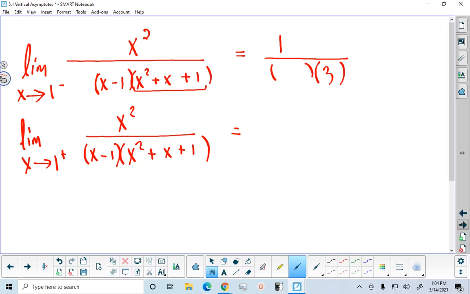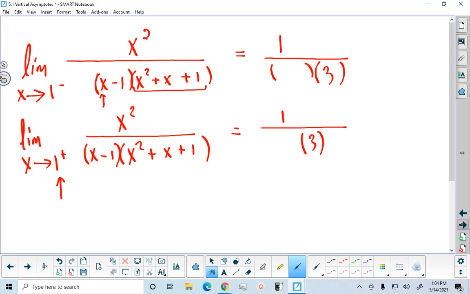When I do the same thing for the other one, when I put a number in very close to 1, like 1.0001, because it's now from the right, the numerator will still approach 1. The denominator will still have this factor which will approach 3. The difference is that x minus 1. When I put a number in for x in here that is close to 1 from the left, this will be very, very small.